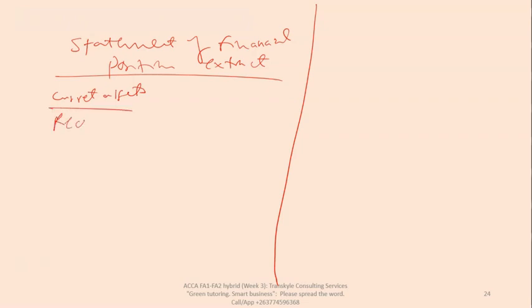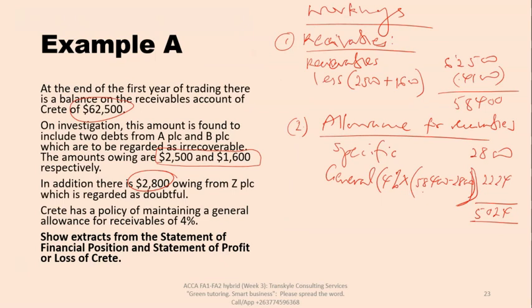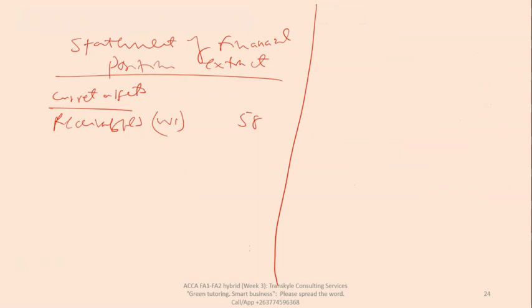We've got receivables, working number 1, because we obtained this figure, 58,400.